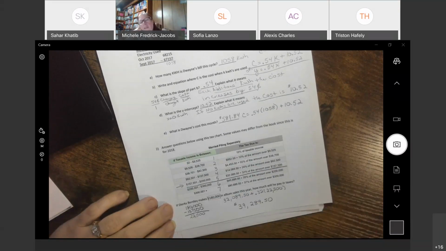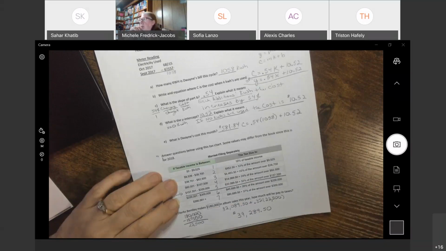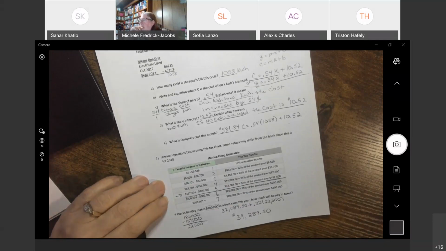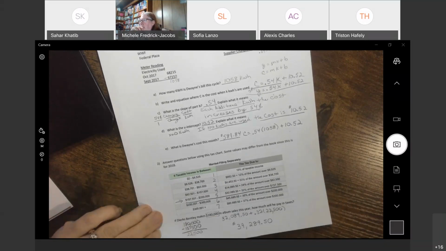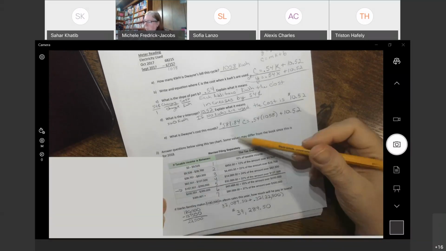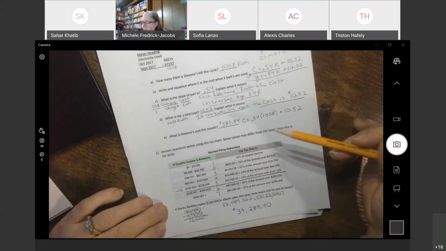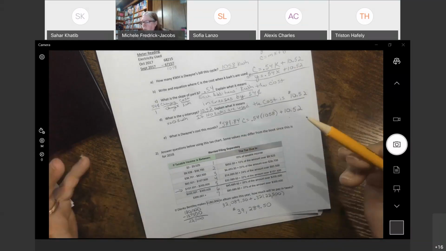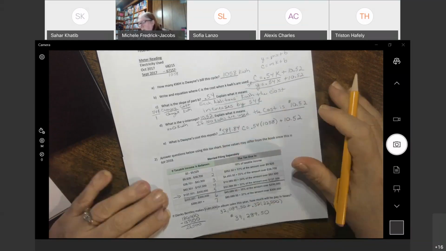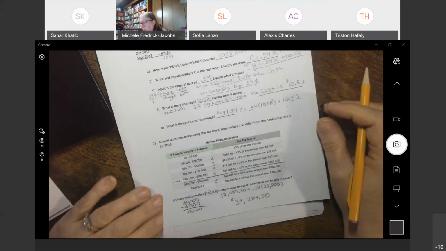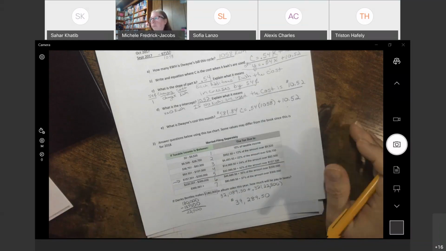Any questions? This one's married filing separately. There's married filing joint, there's single, and there's a lot of different states, a lot of different ones to look at. Any questions?